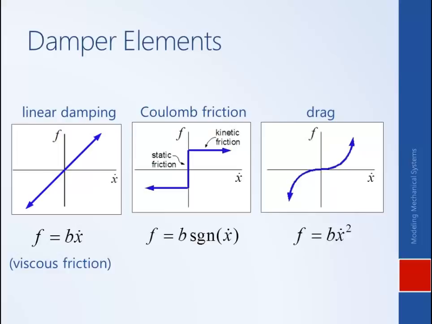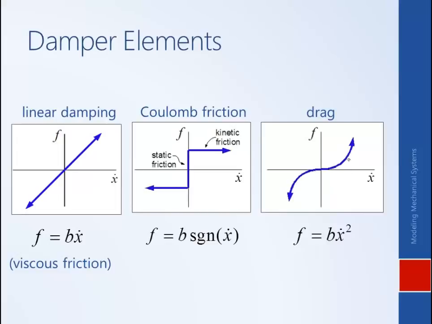But as you increase the applied force, eventually it breaks free. And then at that point, the force is constant. The direction of the force changes with the direction that the object is going. So this is a nonlinear model of friction because of the jump.